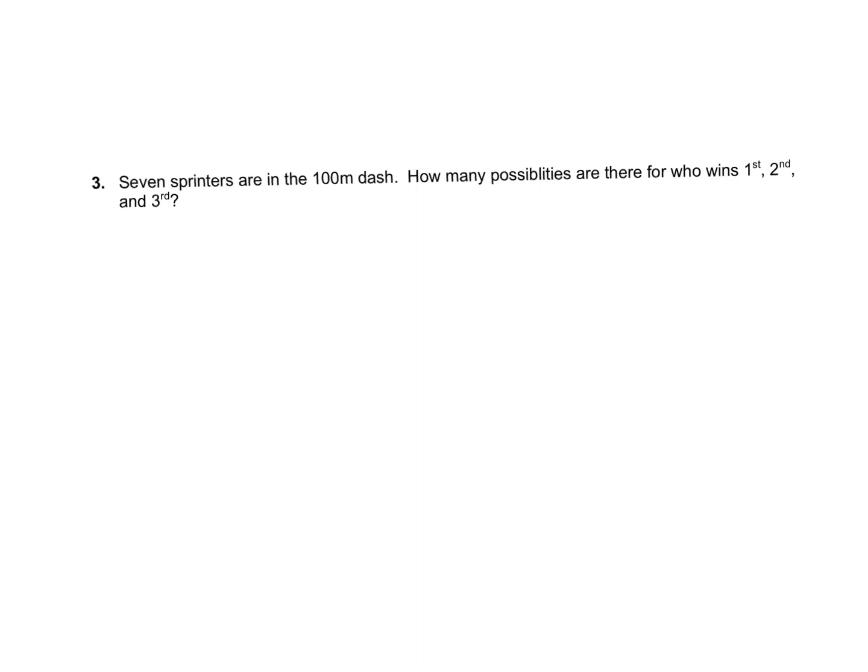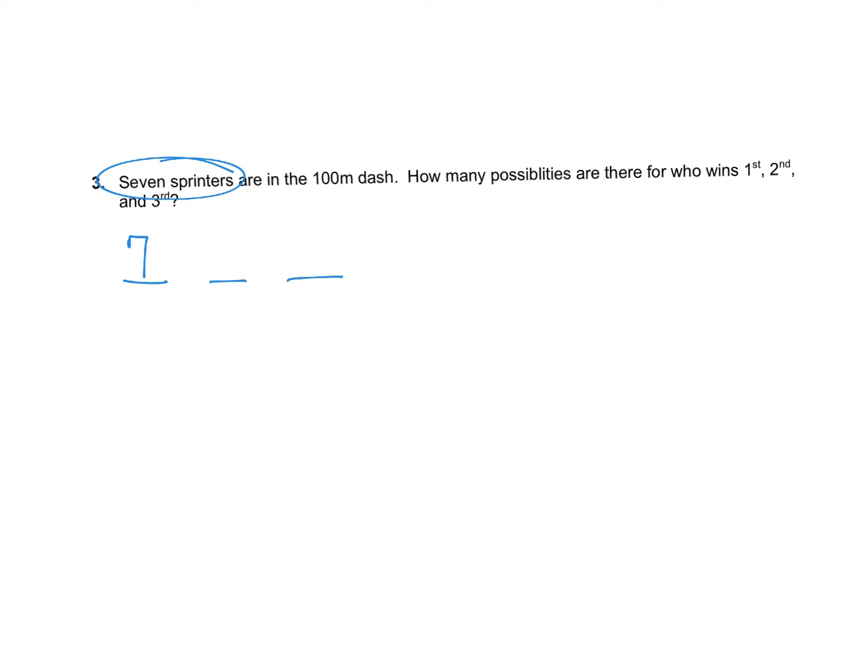All right, question number 3. It says 7 sprinters are in the 100-meter dash. How many possibilities are there for who wins first, second, and third place? So we have 7 sprinters, and then we have first place, second place, and third place. Well, to pick from my 7 different sprinters, I'd have 7 to pick from for first place.